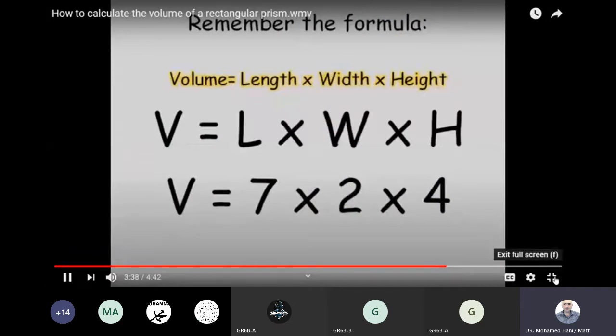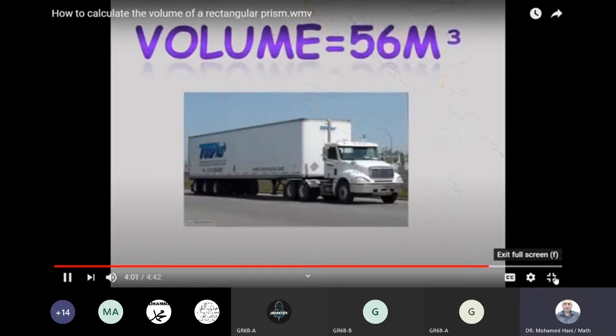Volume equals length times width times height. So the volume of our trailer is 7 times 2 times 4. Pause the podcast here. You may wish to do this problem individually, in pairs or as a class. How did you go? The volume of the trailer is 56 metres cubed.